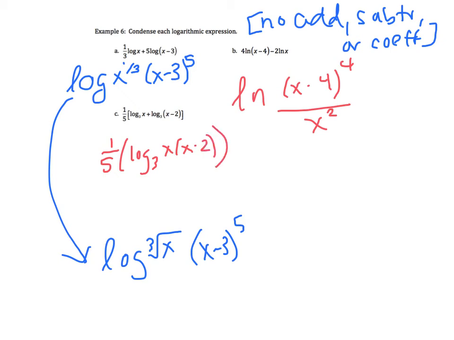And then we need to take that 1/5 and we need to basically turn it into a power, but I'm going to go straight to the radical since we've already talked about that. And I'm going to go ahead and distribute while I'm under the radical just to totally simplify things. So I keep my log 3. I'm going to, under my 5th root, get x squared minus 2x. And that's my final answer there.